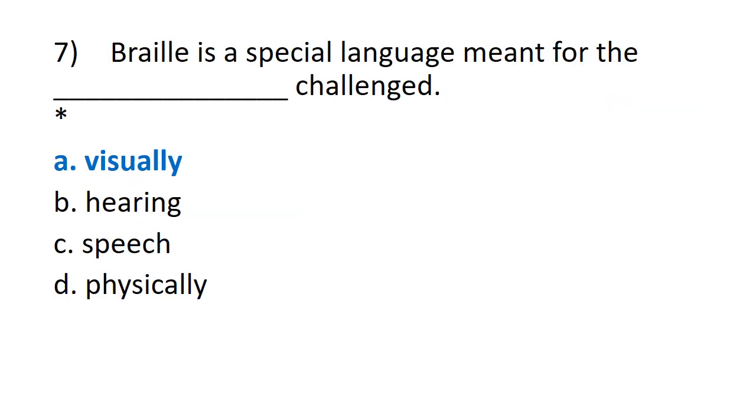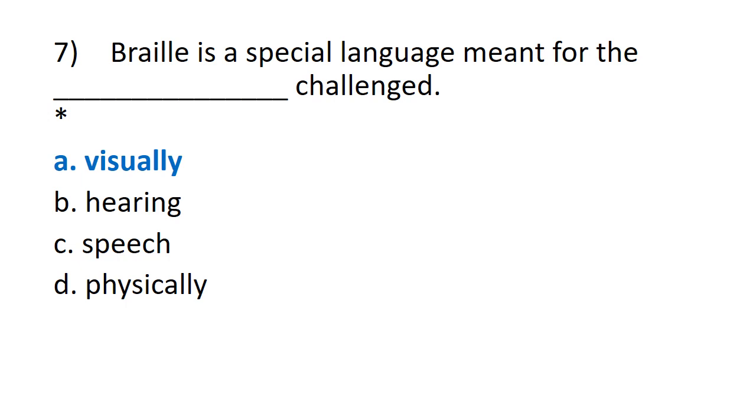The next question we have is: Braille is a special language meant for the dash challenged. And the options are visually, hearing, speech and physically. So the first option we have is visually challenged, right? So visually challenged people are the people who cannot see.